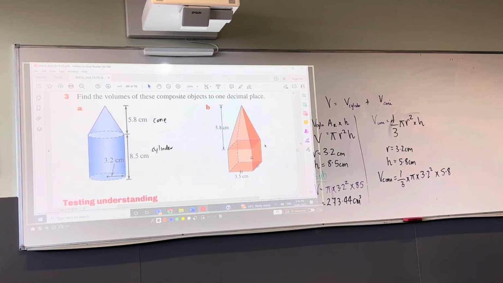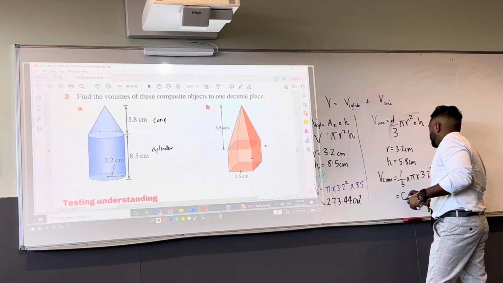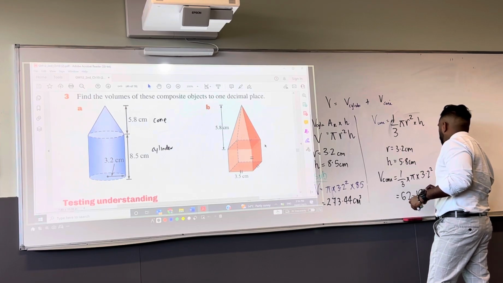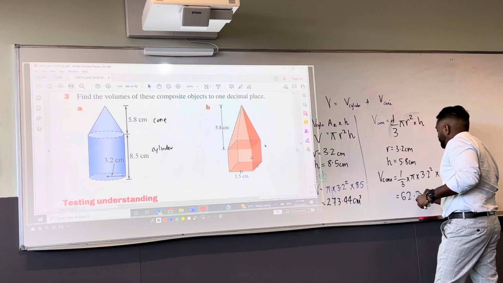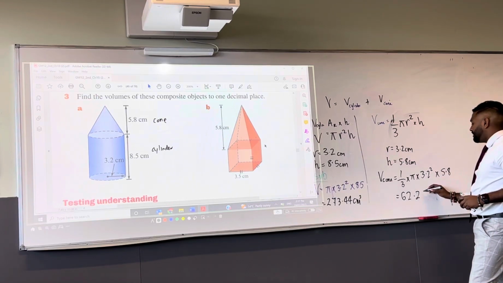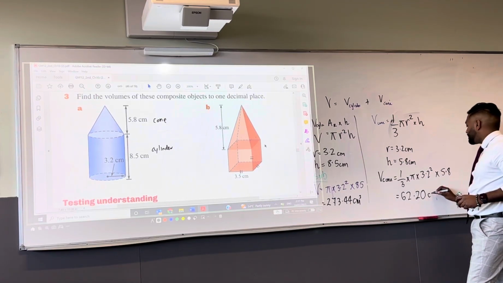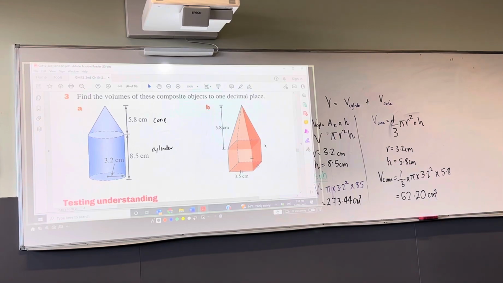62.19? Sorry? 62.12? No, 62.2? Centimeters cubed. Did anyone else get that? Trish, what did you get? Okay, can someone else have a go at this question?